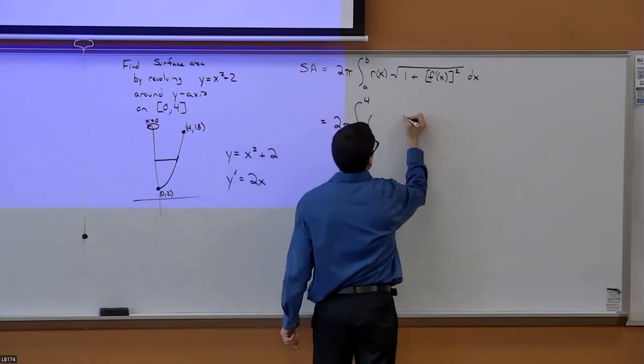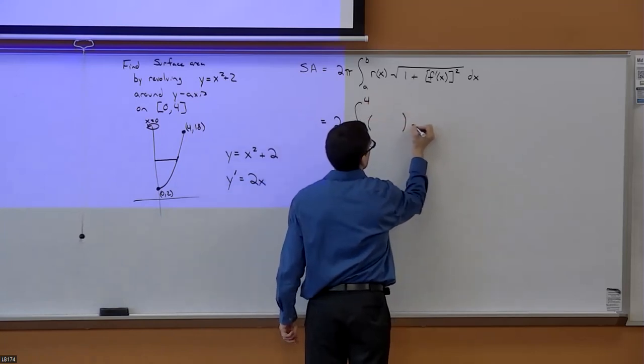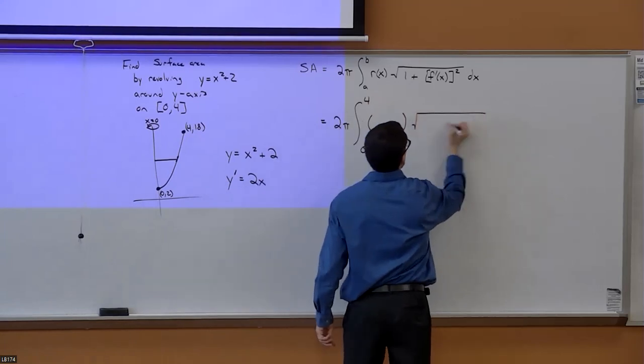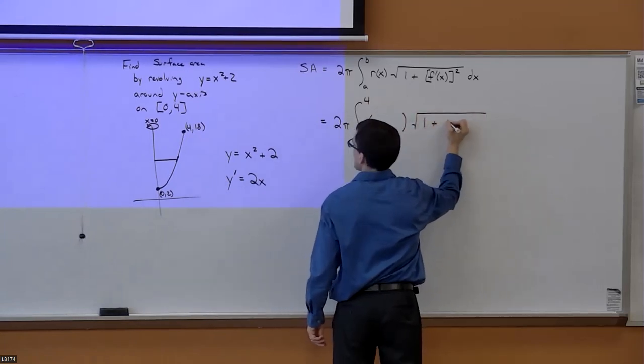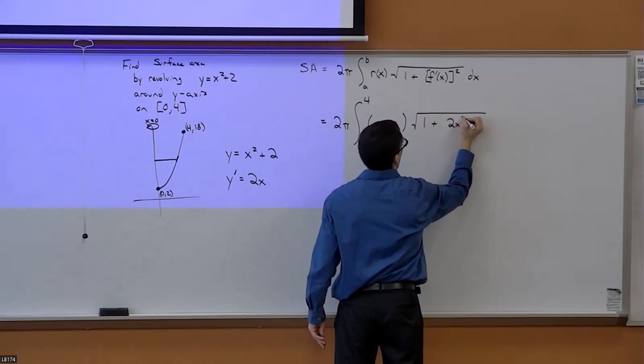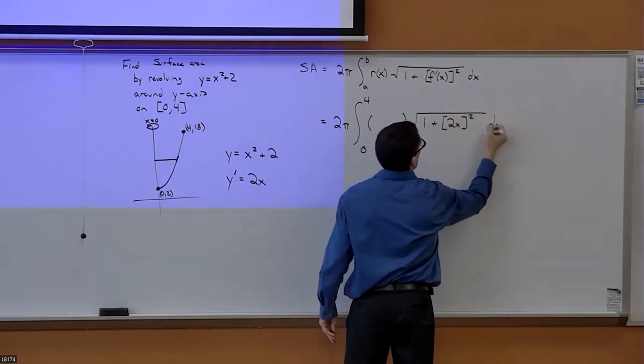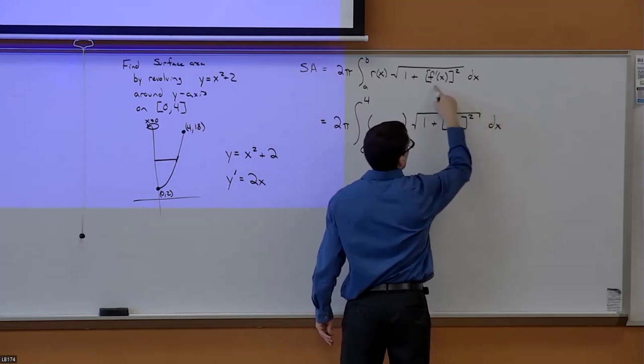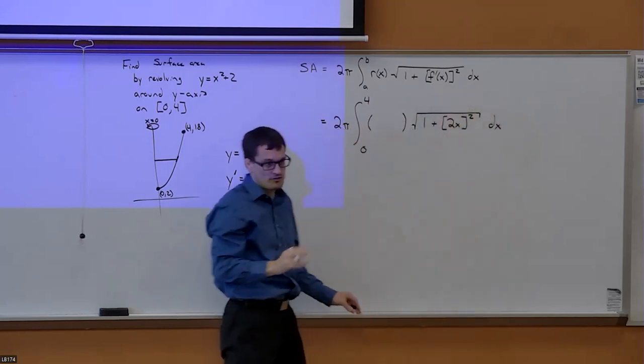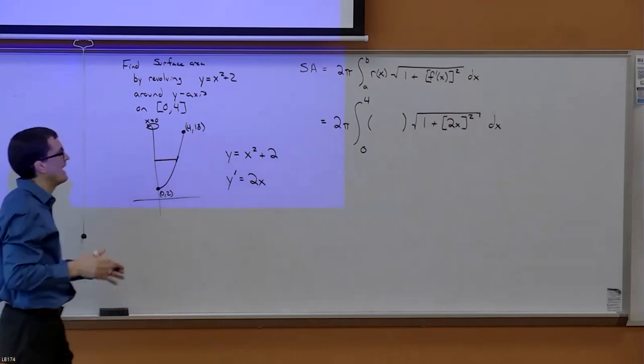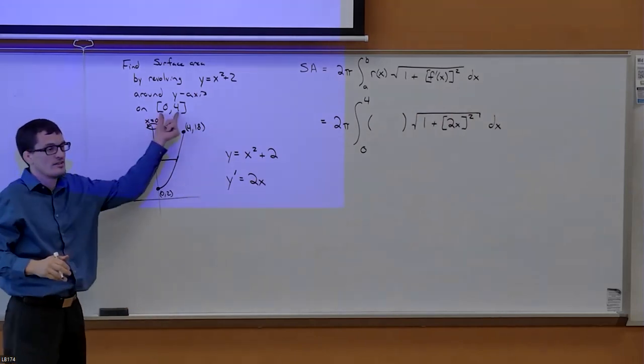Now here's the trick. The f prime is a lot easier to deal with. It's just 2x. The bounds are nice to deal with.